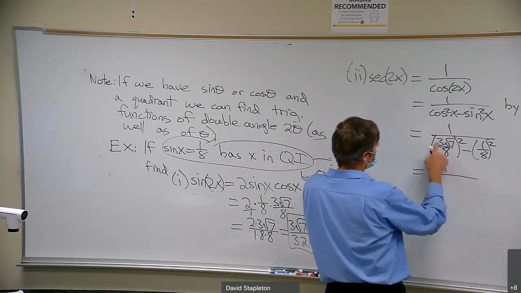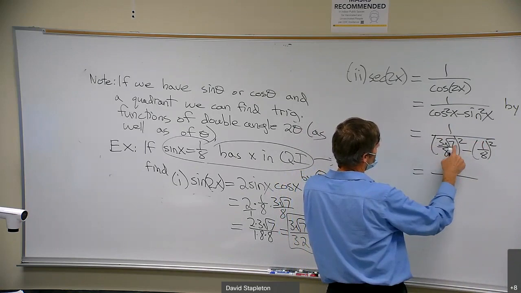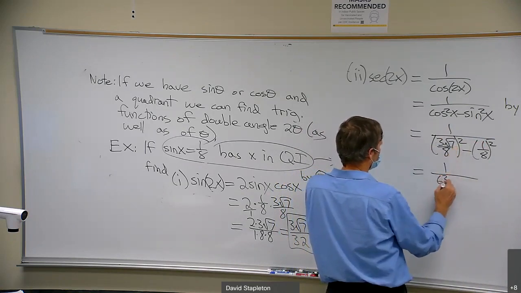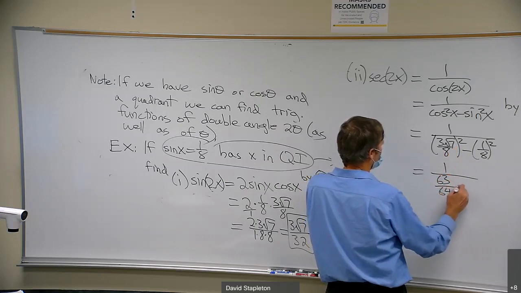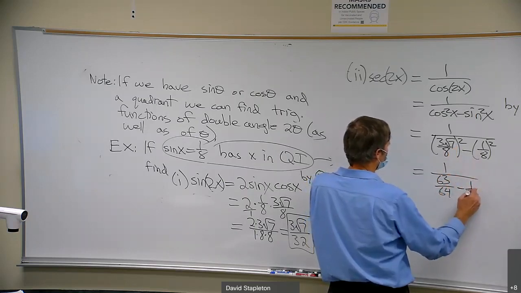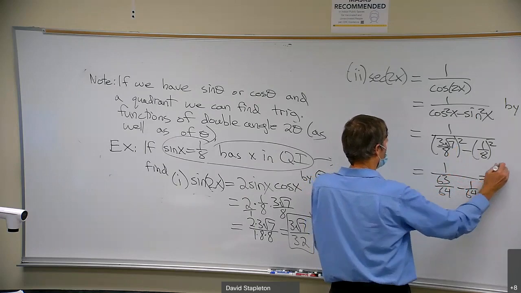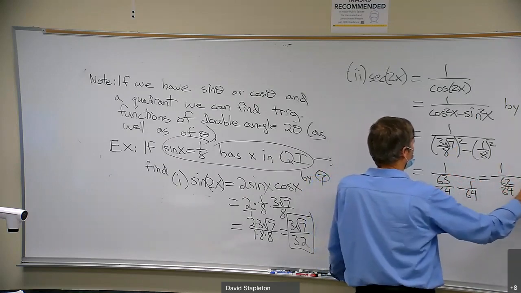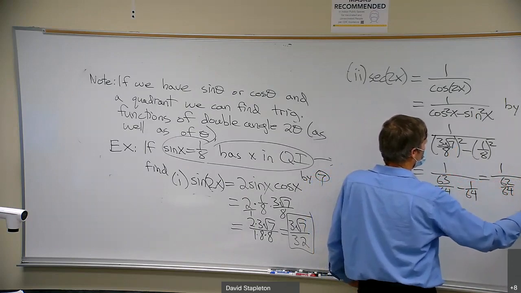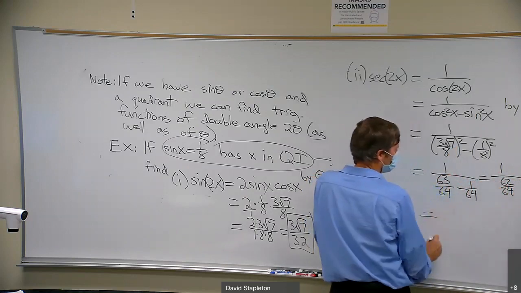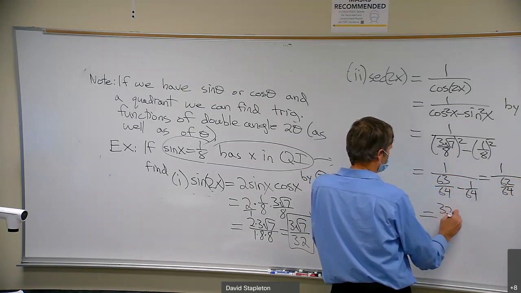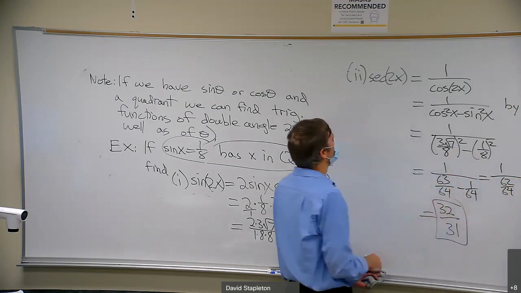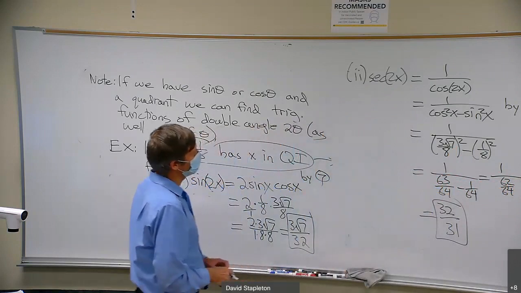One over, let's see, 9 times 7 is 63 64ths minus 1/64. The whole thing is 1 over 62 64ths, or 64 over 62, or 32 over 31, looks like. There we go. There's the secant of 2x.